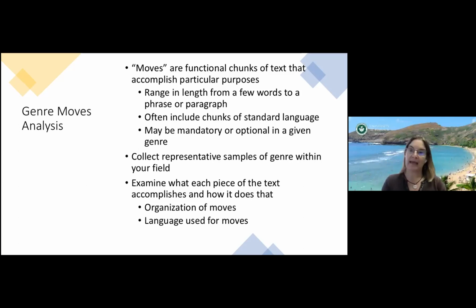Sometimes moves are mandatory. So every time you write a research abstract, you must do this. Sometimes they're optional. So some abstracts do this, some abstracts don't, but it's still something that's common in abstracts, even if it's not in all abstracts. So how to do this? Number one is to collect representative samples of the genre in your field.